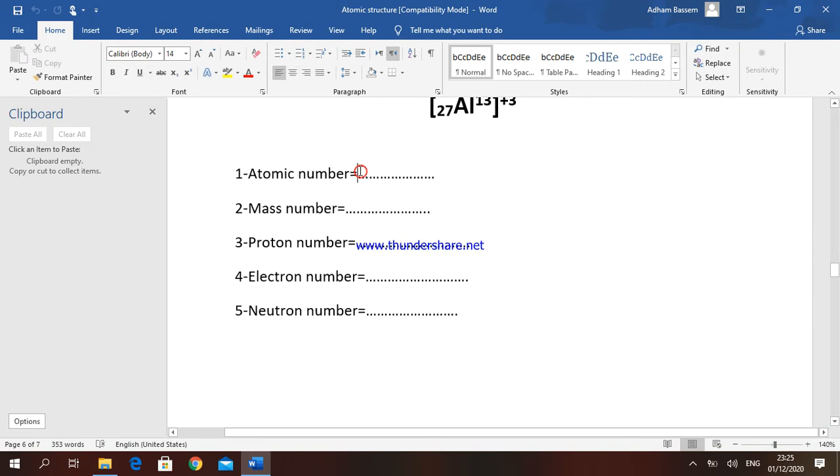Again, atomic number, the number of protons equals 13, while the mass number equals 27.